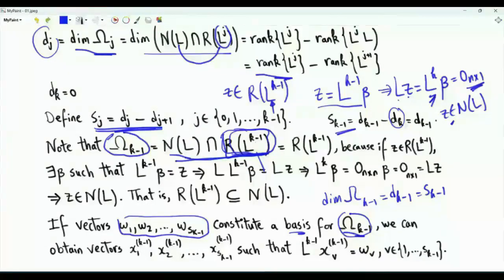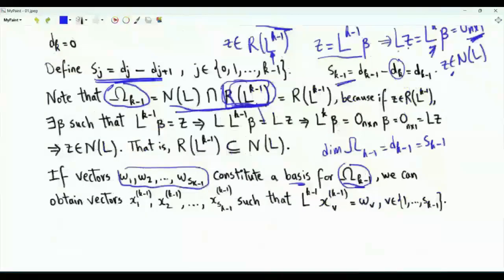Because those vectors are in the range of L to the k minus 1, I can take each one of them. Let's say we start with w1. I can write it as L to the k minus 1 times another vector, say x1. And generally, we can have wv to be written as L to the k minus 1 xv. And here I will put a superscript k minus 1 to indicate that we are operating on omega k minus 1.